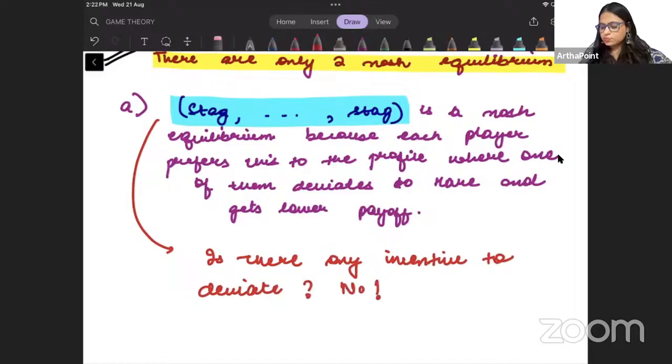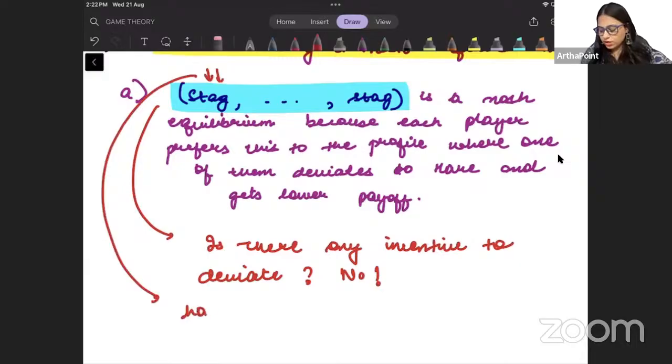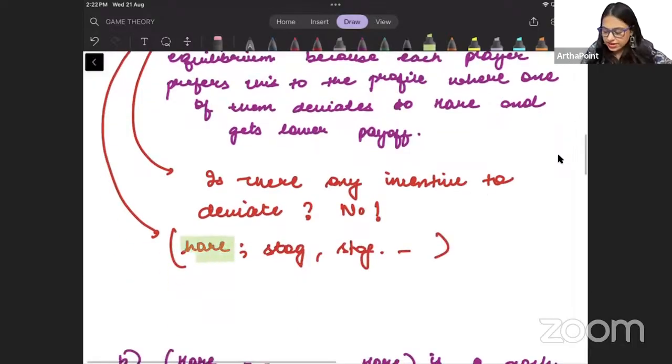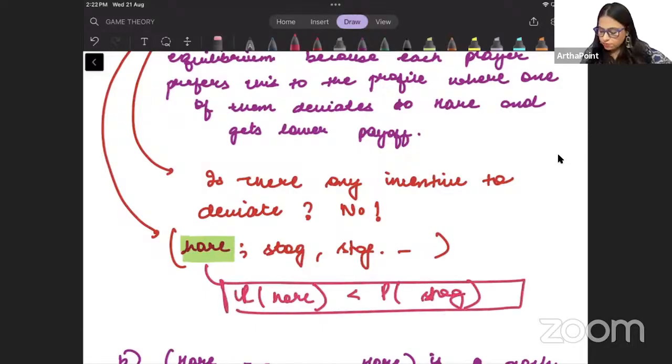The answer is no. Suppose player 1 deviates, stops looking for the stag and starts looking for a hare, and the other players continue looking for the stag. This player's payoff from the hare is less than his payoff from the stag. His utility from the hare is less than his utility from the stag.